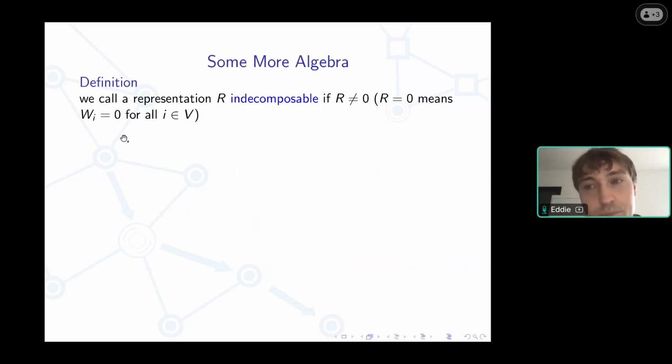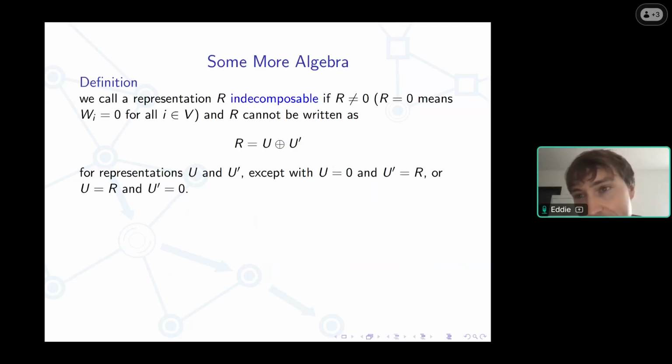That is like prime, for the same reason that one is not a prime number; that would be pedantic. And I cannot write it as the direct sum of subrepresentations unless trivially, by choosing one to be zero and one to be the other. Then we say that it's indecomposable.